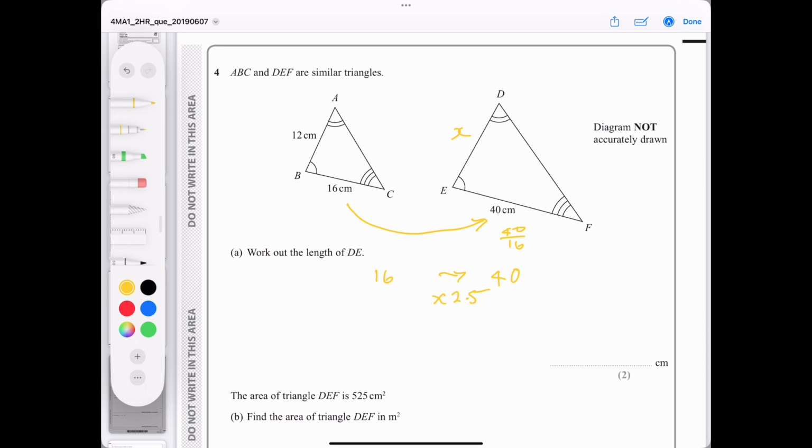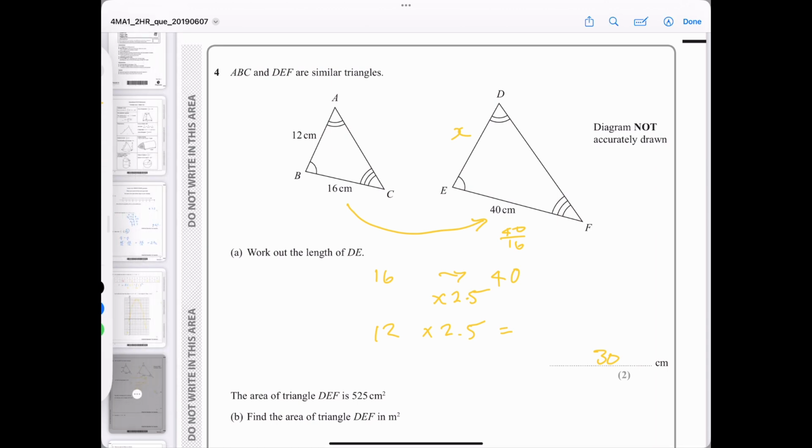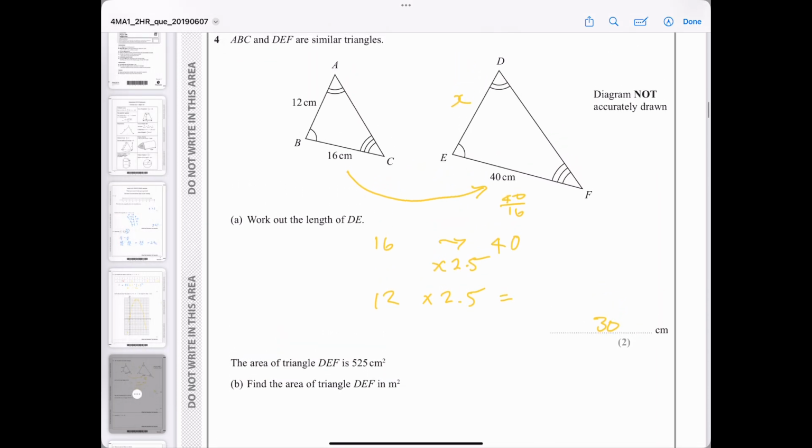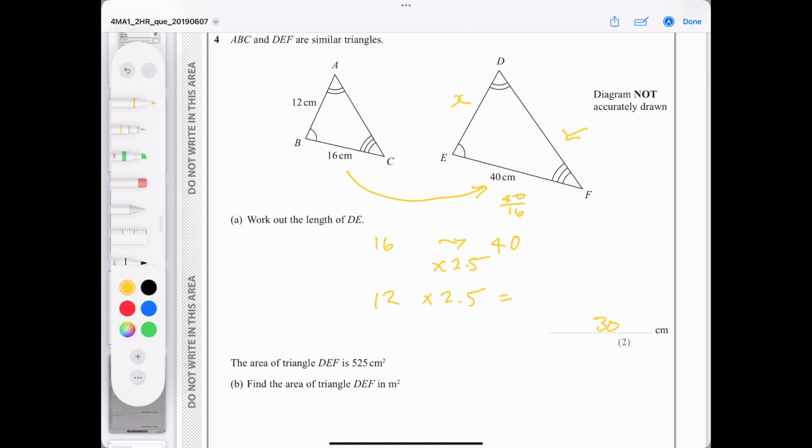In order to find DE, we're going to look at AB, and that will be 12 times 2.5 equals 30. And that's our answer for that. And then the area of DEF, this one here, is 525 centimetres squared.